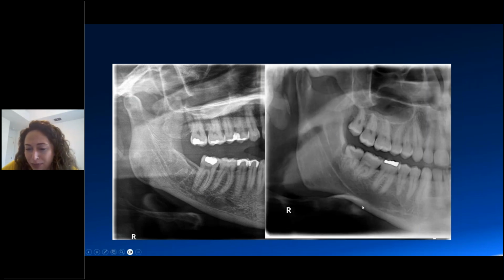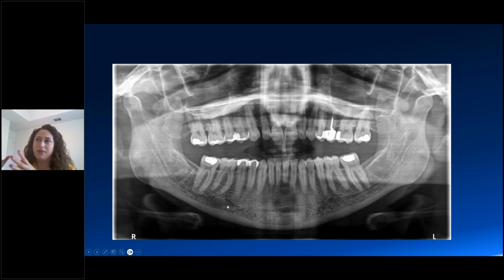Here's an example of another panoramic radiograph, which has the same radiolucency, but this is a healthy patient with no schwannoma in their mouth. So not every radiolucency means that it's normal, and not every radiolucency means there's something abnormal. You can look in the anterior mandible and think, oh, there's another lesion there, but this is actually the ghost image of the cervical spine.